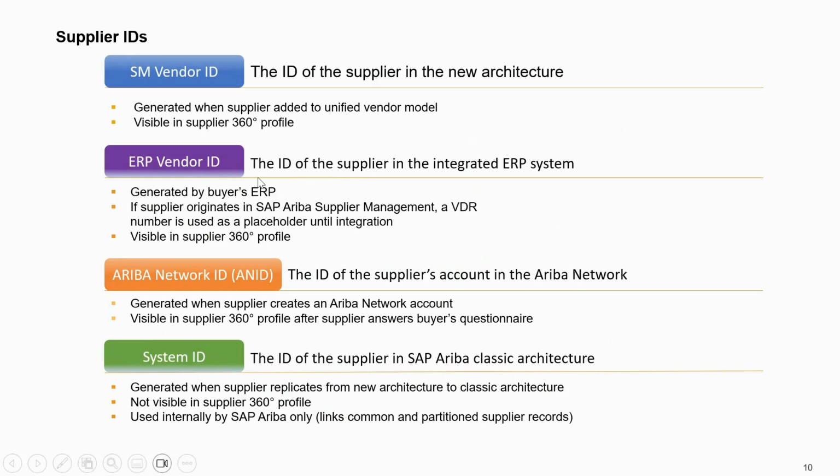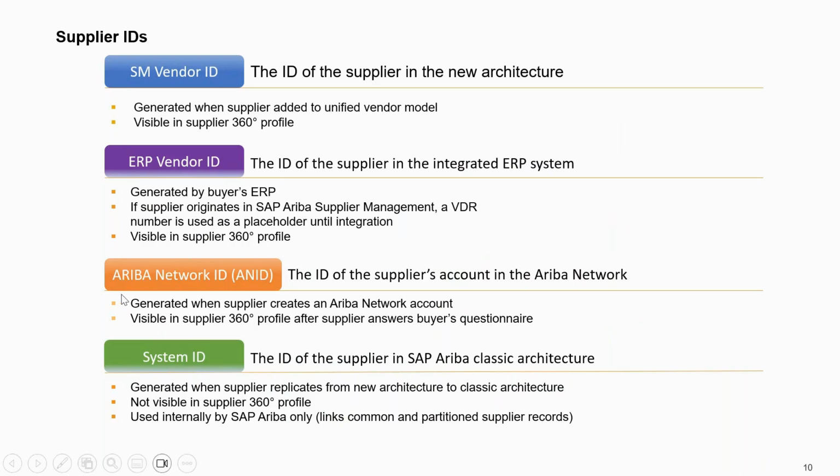The moment you sync your data, or integrate between SAP Ariba and the S4 HANA system, that number will be pulled from S4 HANA, the buyer's ERP, once it is successfully generated. Those number ranges are determined by your functional consultant. So all the number ranges are pulled from the ERP vendor ID.